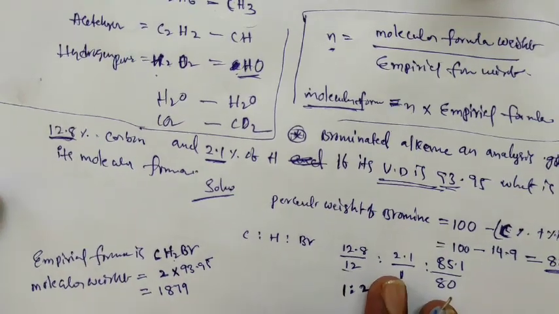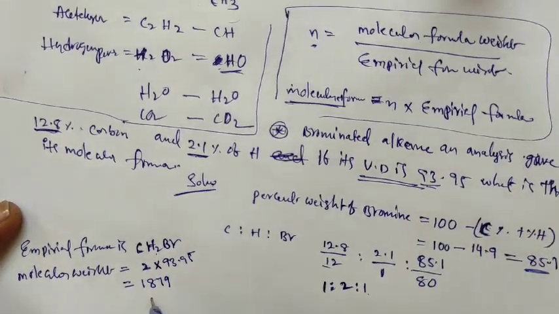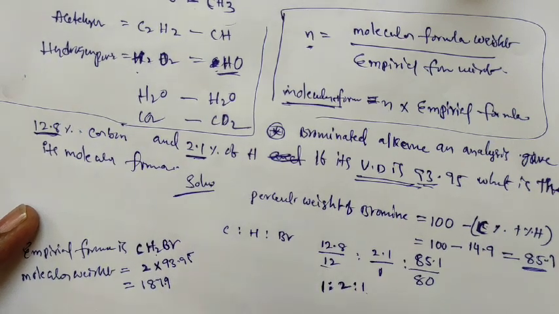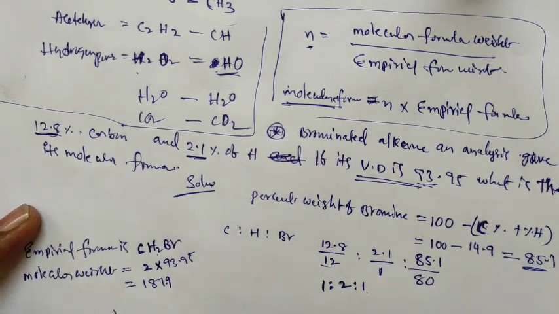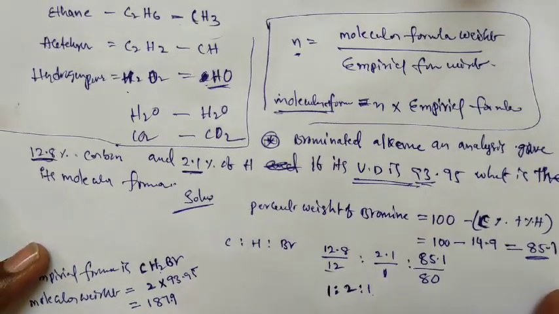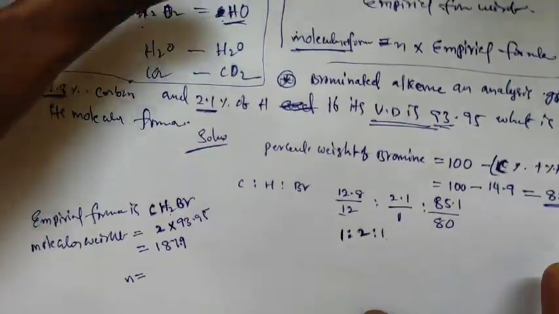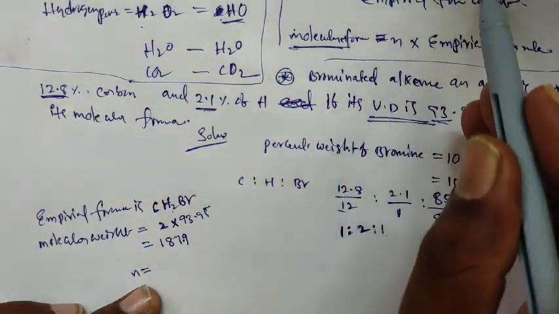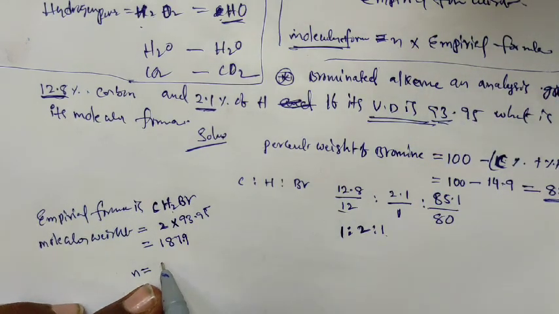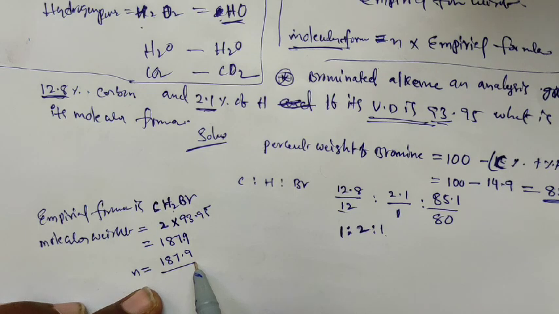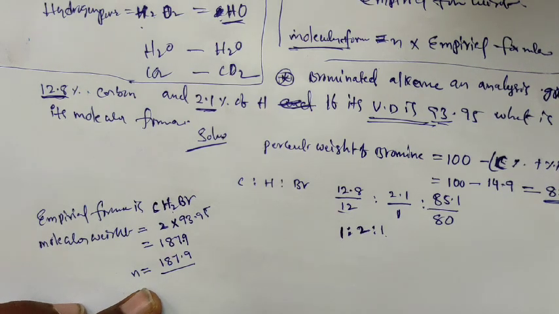Okay, now here 187.9. So now n is equal to molecular formula weight by empirical formula mass, 187.9 by empirical formula mass we want.